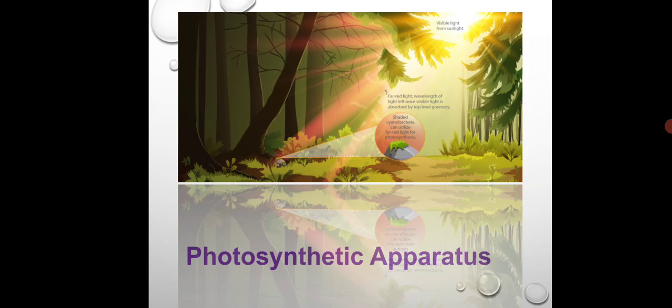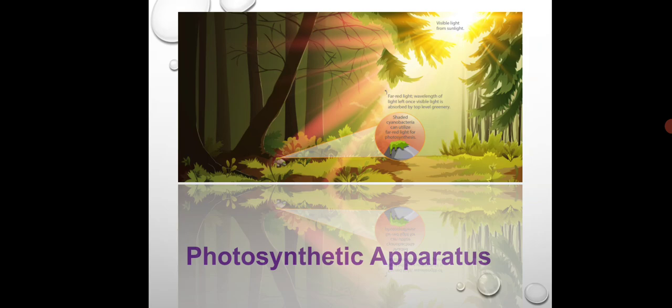Now, photosynthetic apparatus, if we simply define this term, it is defined as the apparatus, the reaction centers where the photosynthesis process is carried out. Apparatus means what?